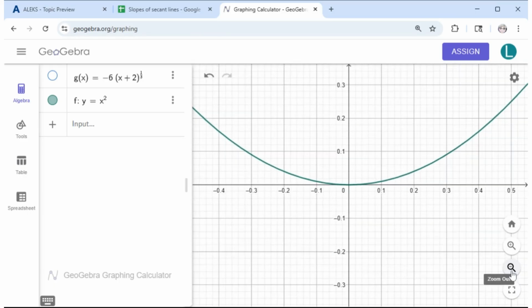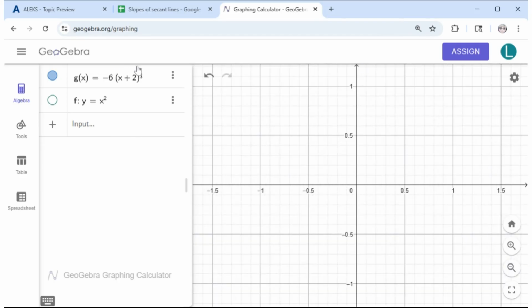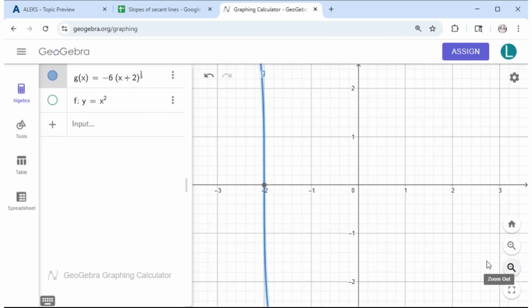What we're going to do is draw a series of secant lines and then make them get closer and closer to that point that you're looking at. I also typed in the function from this particular problem, so let me put that up here and we'll zoom back out. So we've got a gnarly looking function. There it is.